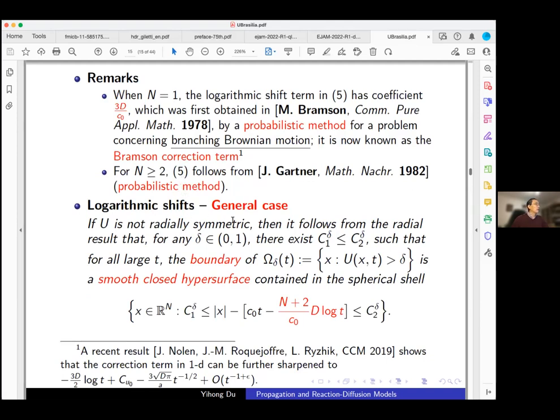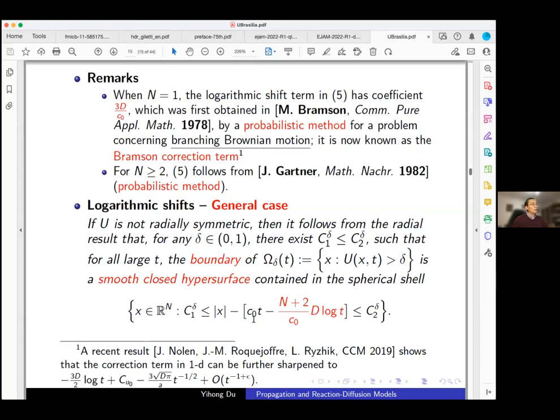And here's a remark for the non-rigidly symmetric case. In the non-rigidly symmetric case, the population range is given by that one, and you can show the boundary of this set is contained in a spherical shell with finite thickness, and the radius of the spherical shell is roughly this.